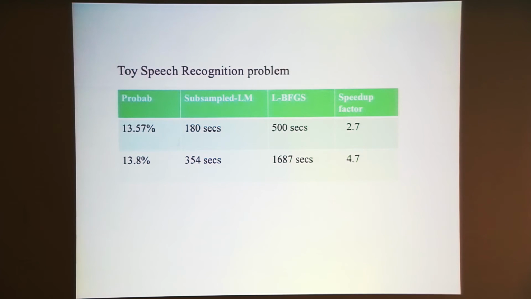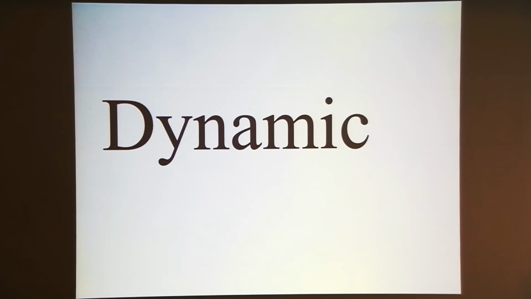So we tried that on our logistic regression problem, and we compared it with limited memory BFGS, and we can see that to obtain certain probability of correct classification, the numbers are quite positive, substantial decreases in CPU time. So this is a significant algorithm, but we have not implemented it in MapReduce. We've only done experiments in a sequential setting.